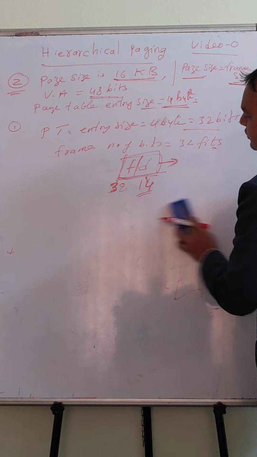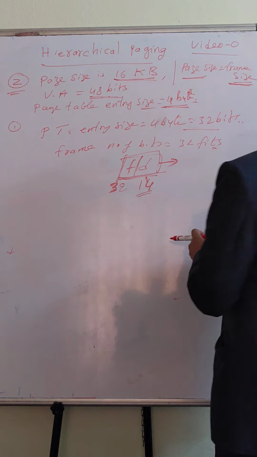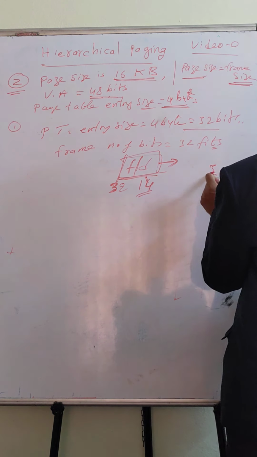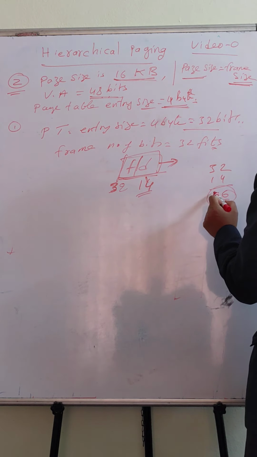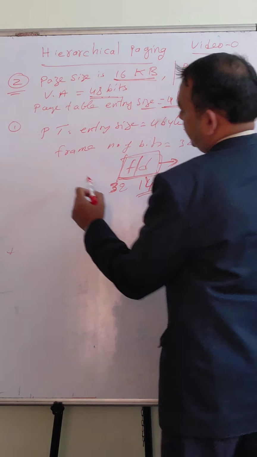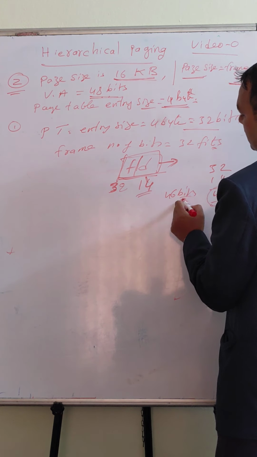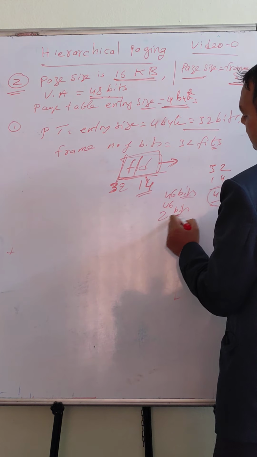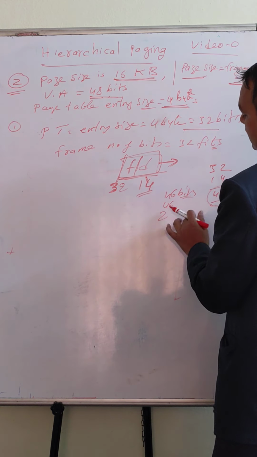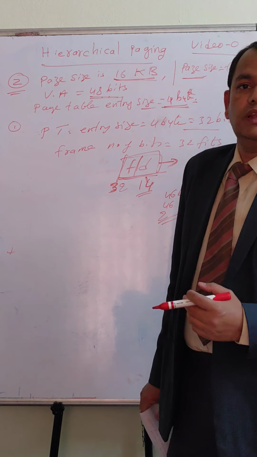We need to add 32 plus 14, so 46 bits are needed for the physical address. Means 2 power 46 bytes is the size of the physical address space.